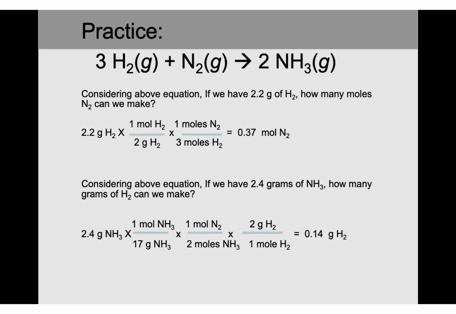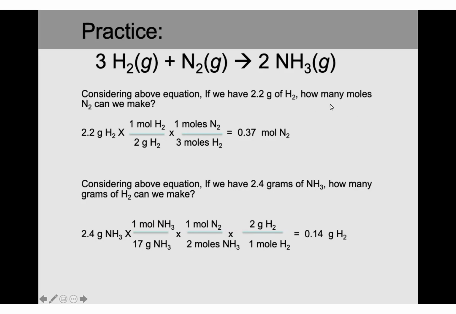Then we use the coefficient here, 3 mole of H2 to 1 mole of N2. I put H2 in the bottom because it should cancel out with the previous mole of H2, and N2 is what is asked for in the question.